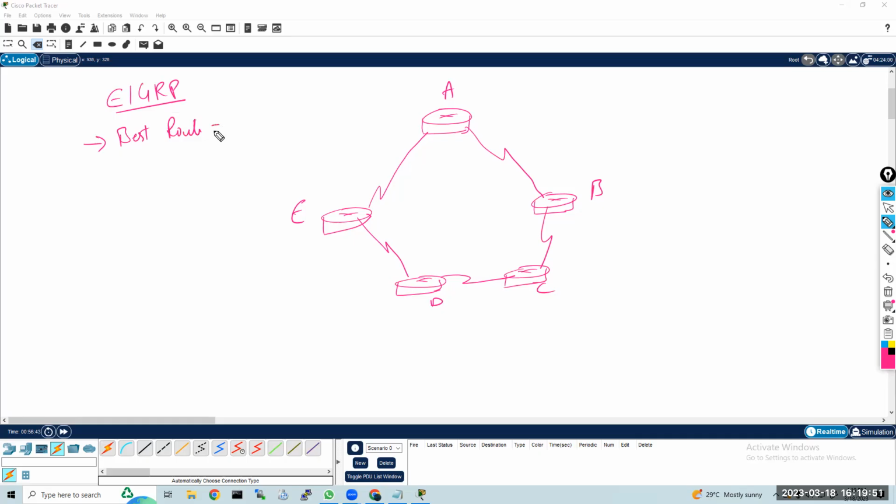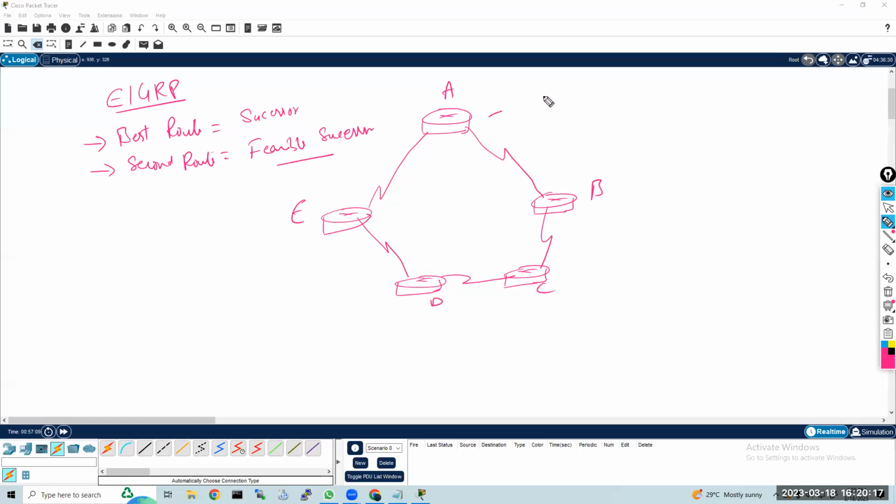The best route we'll call a successor route. Then the second route we'll call your feasible successor, meaning the alternate route.